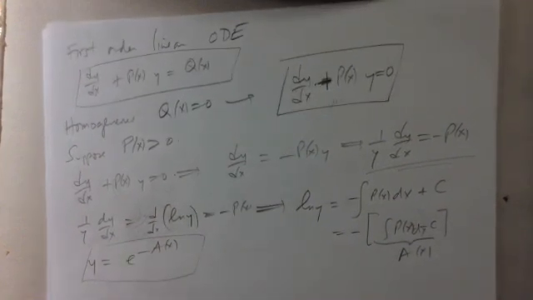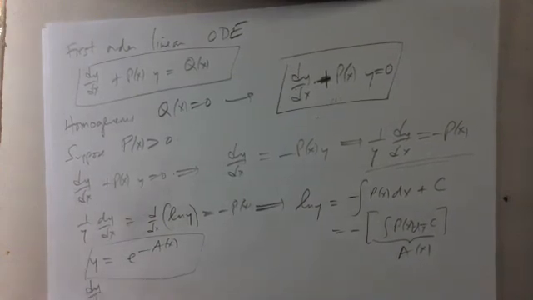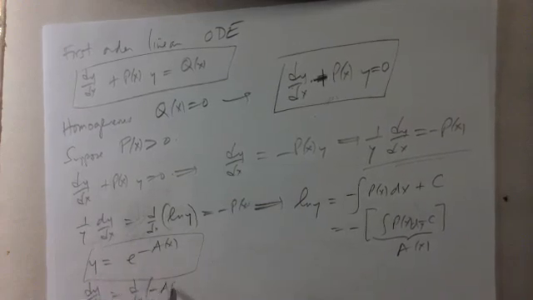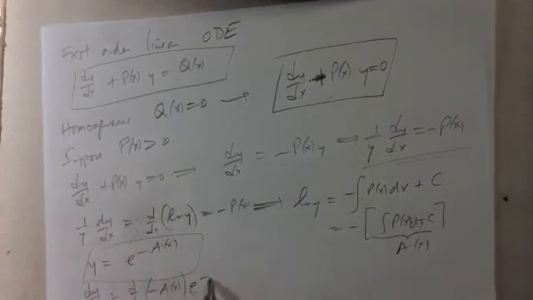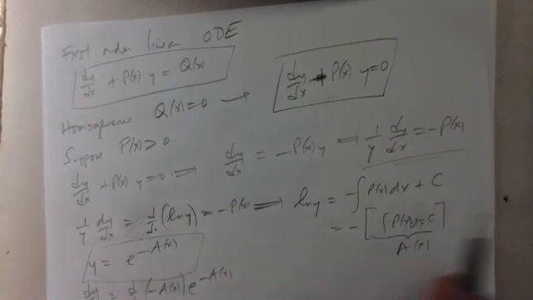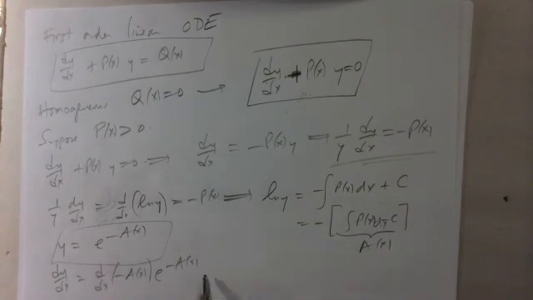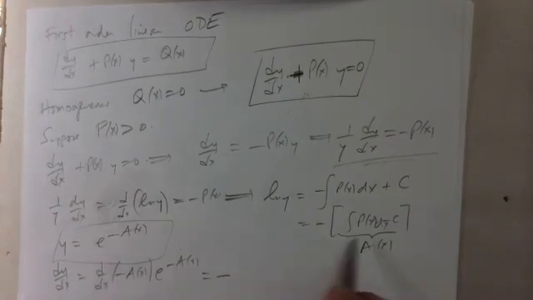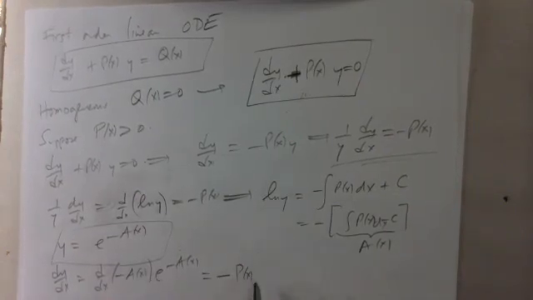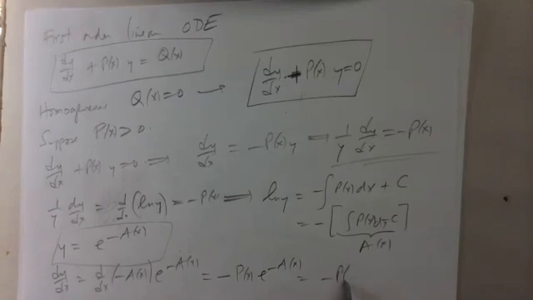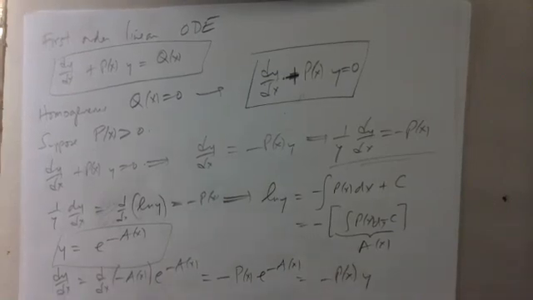And you can check by differentiating dy dx. If I differentiate this by the chain rule, this is the derivative of minus a of x times e to the minus a of x. If I differentiate, I get the derivative of the integral is minus p of x, e to the minus a of x, which is minus p of x times y.